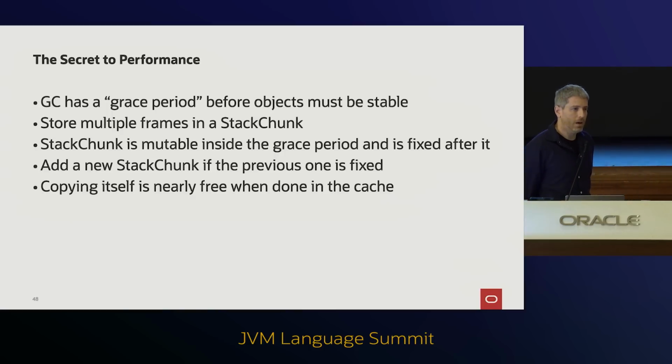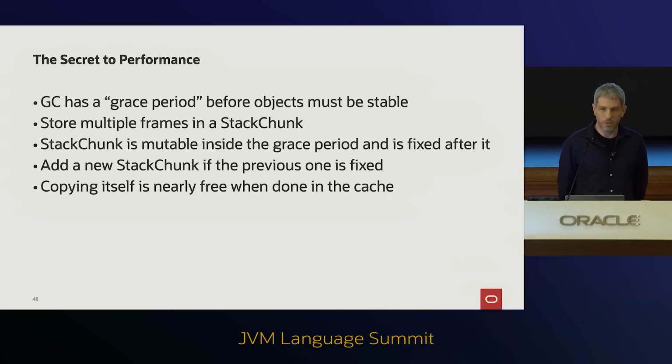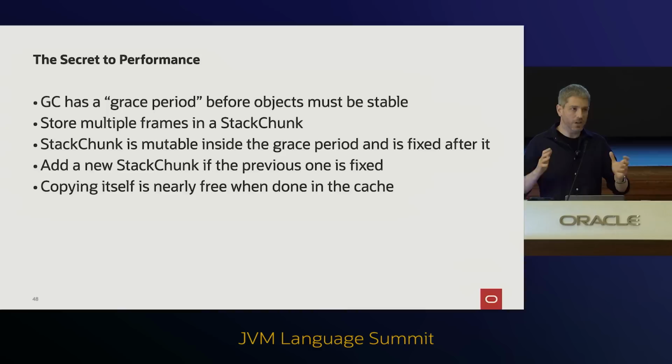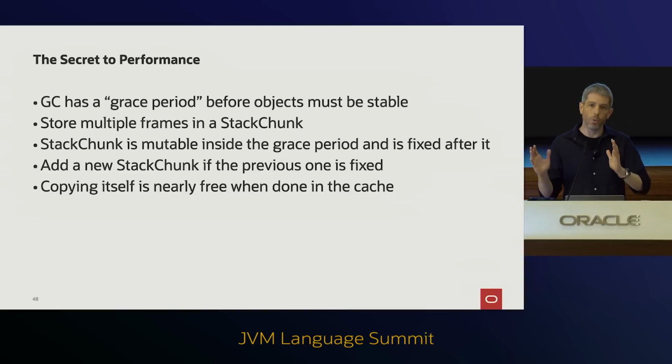And this is how continuations in HotSpot are actually very efficient. So I said before that the shape of an object has to be stable. The oops can't change. But that's not entirely true. It's true from the moment the GC has first seen the object. Once the GC has found an oop, it must stay there all the time.